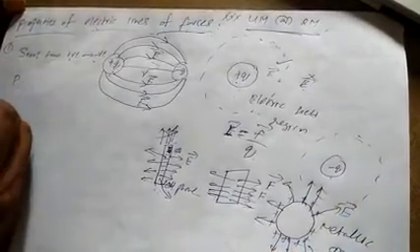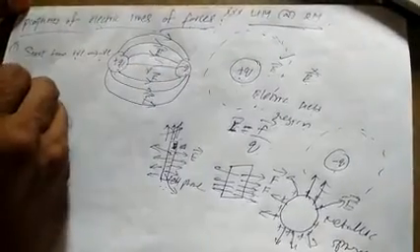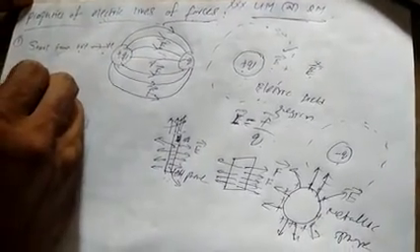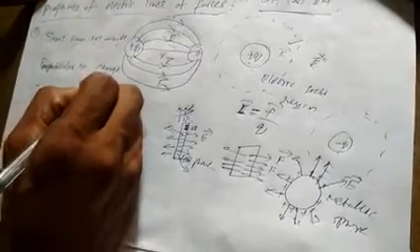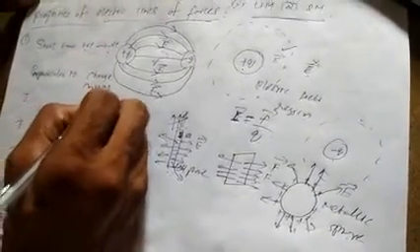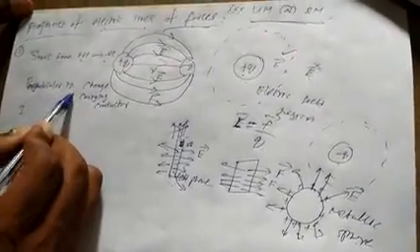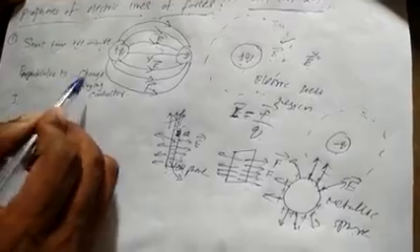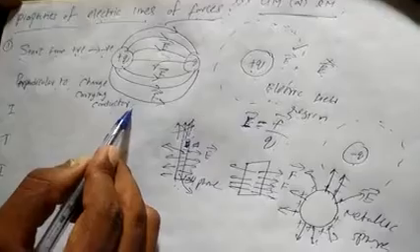So the second property is: all these electric lines of force are perpendicular to a charge carrying conductor. Okay, got it? Second property.